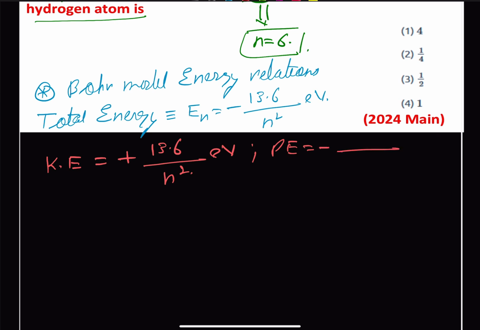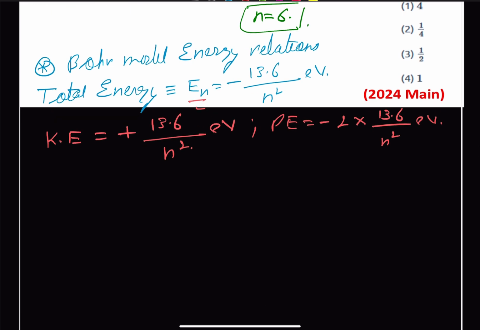minus 2 multiplied by 13.6 upon n square electron volt, because it is twice of energy E. Now we are interested only in magnitude and to find out the ratio.